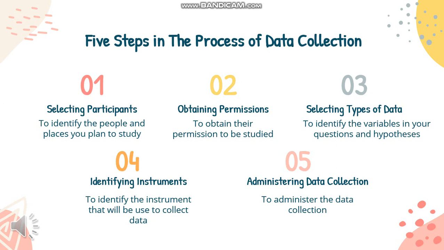For the first step, the activities are to identify your unit of analysis and then specify the population and sample. For the second step, obtain different types of permissions and obtain informed consent. For the third step, specify the variables from the research question and hypothesis, then operationally define the variables, and then choose types of data and measures.